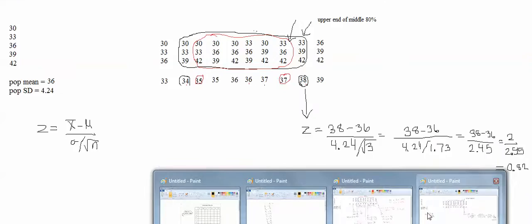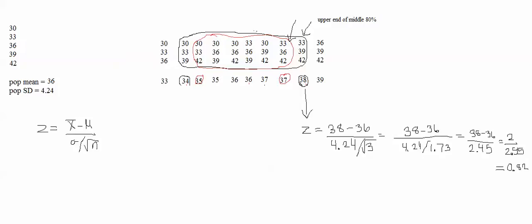To do this, we want to find the upper end of the middle 60%, which is the upper end of this red circle.